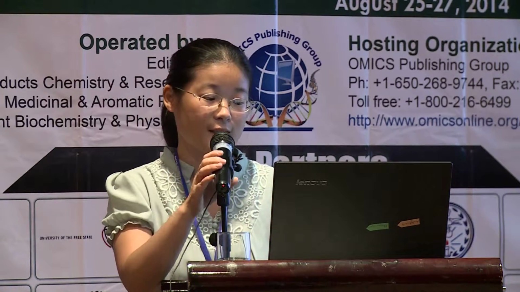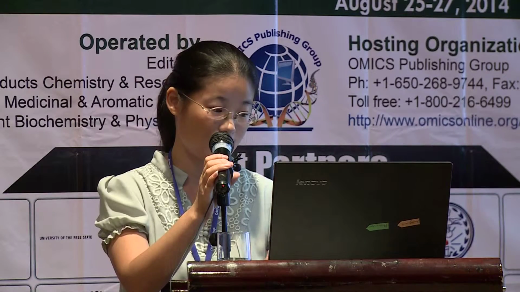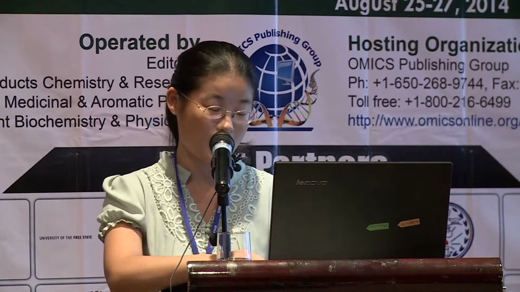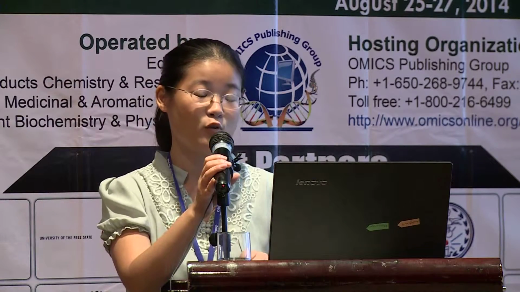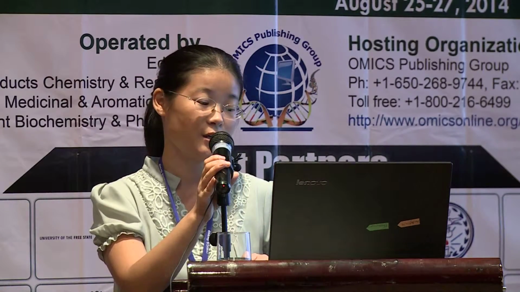In higher plants, there are two enzymes for GS. One is cytosolic GS1, and the second is chloroplastic GS2. And in rice, there are 4 genes encoding these enzymes, 3 genes encoding GS1, and only 1 gene encoding GS2.